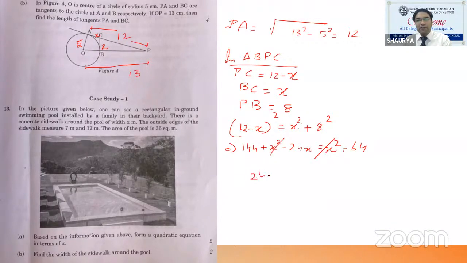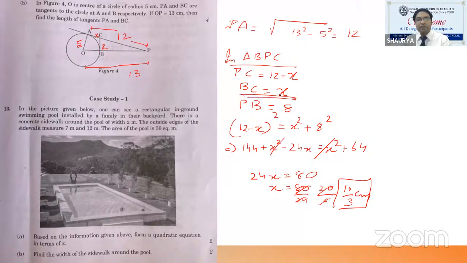So 24x is equal to 80. x is equal to 80 upon 24. This is 10 upon 3 centimeters. So this is the length of BC we have found, right? Okay, we can move to the penultimate question, question 13.